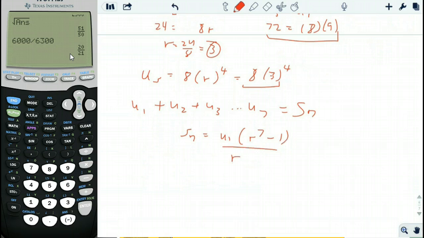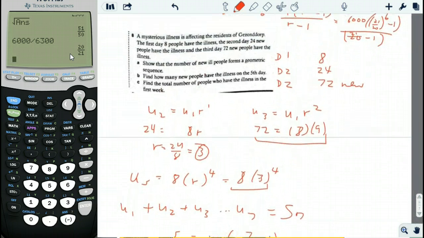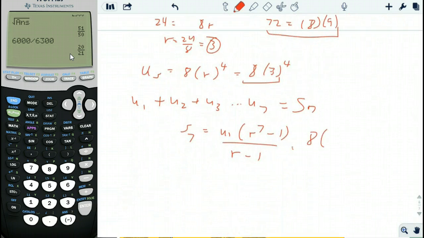Minus 1, over R minus 1. And so we could put U1 we know is 8, R we know is 3, and n is 7. So if you put that in your calculator, you would get the answer.